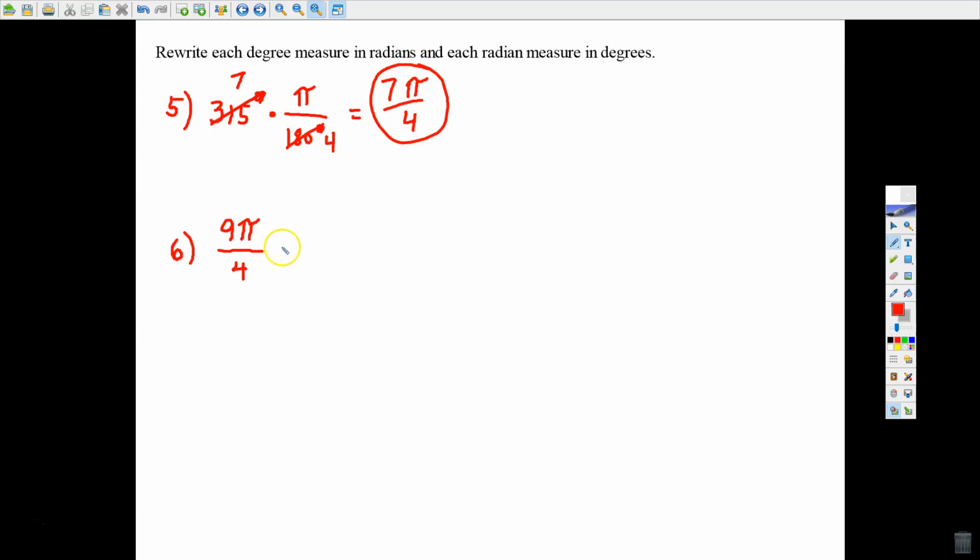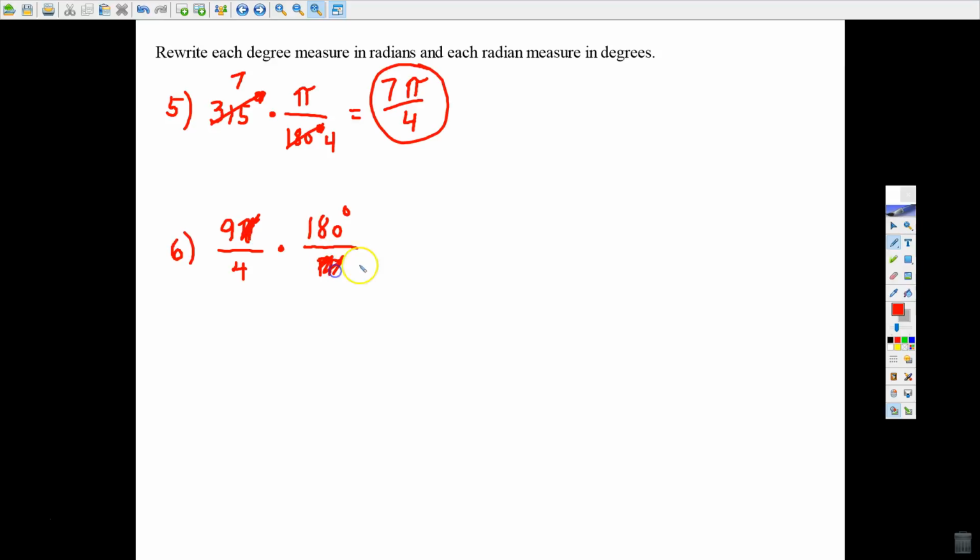For number 6, the conversion factor to go from radians to degrees, remember we always put pi, in this case, all across from each other diagonally, just like we put degrees diagonally across from themselves. So this is going to be 180 degrees over pi, just the flip of that previous conversion factor.